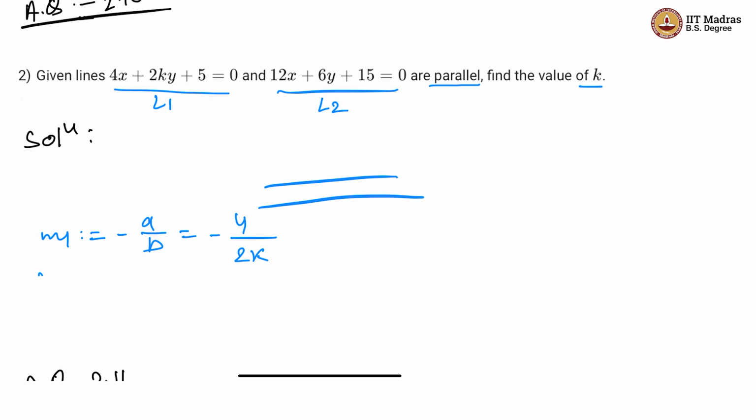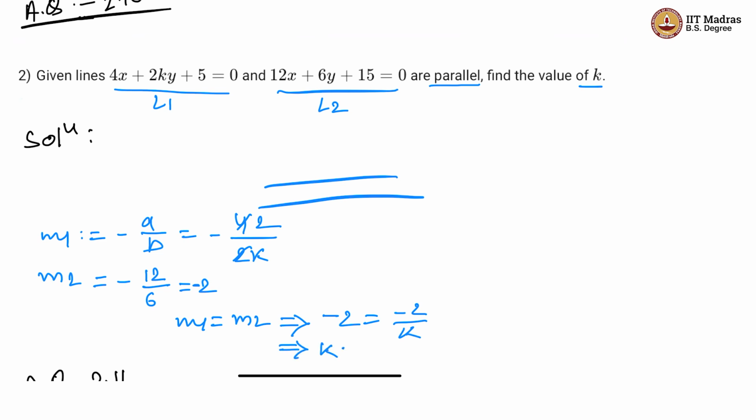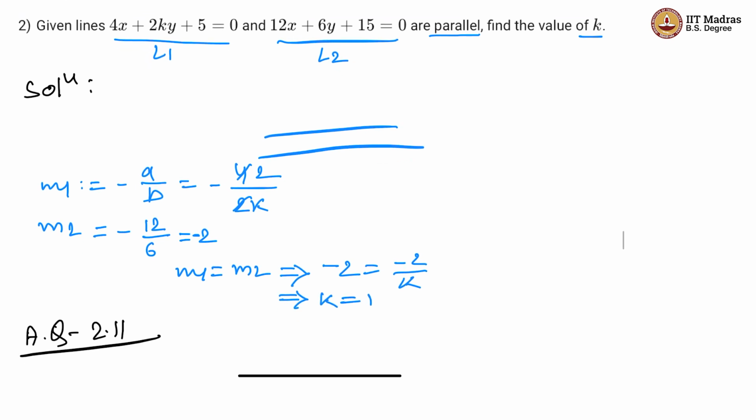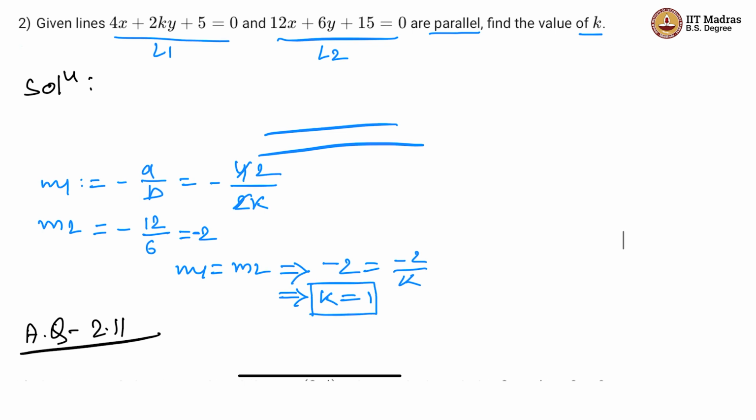And what is our m2? m2 is minus a by b, that means minus 12 by 6, that is equal to minus 2, right? So m1 equals m2 implies minus 2 over k equals minus 2, right? So k will be equal to 1. So the value of k is 1.